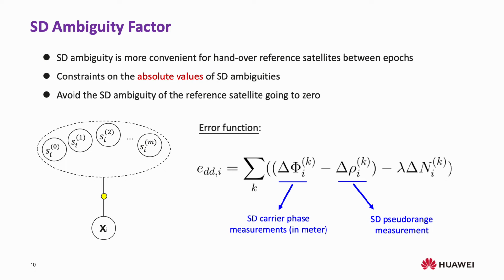And one error function, cost function, at each epoch will be defined for a bunch of satellites with the same constellation and frequency. For example, one cost function will be defined at the current epoch for GPS L1, and another error function will be defined for GPS L5.